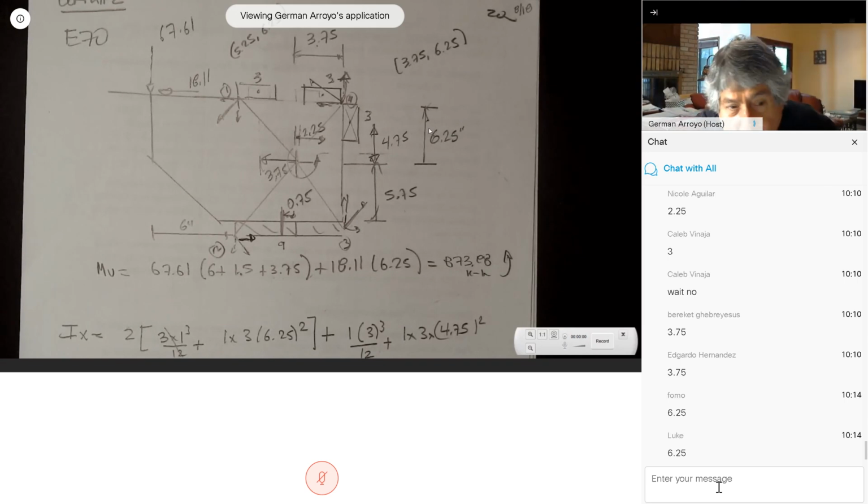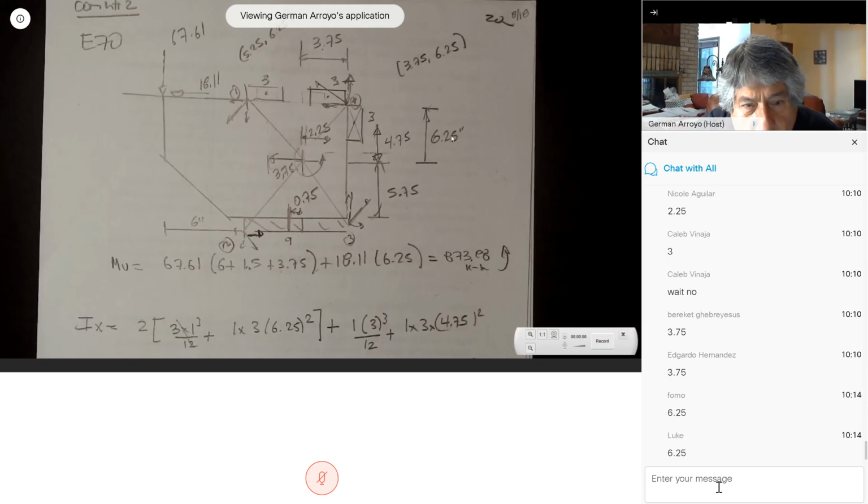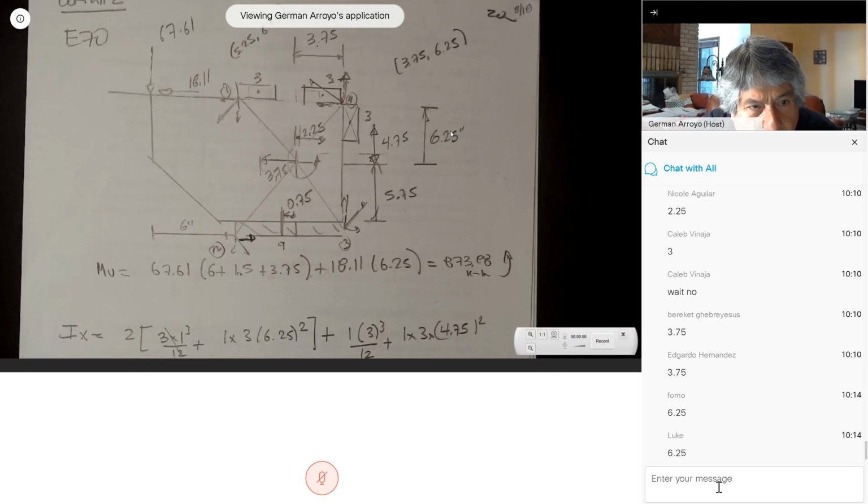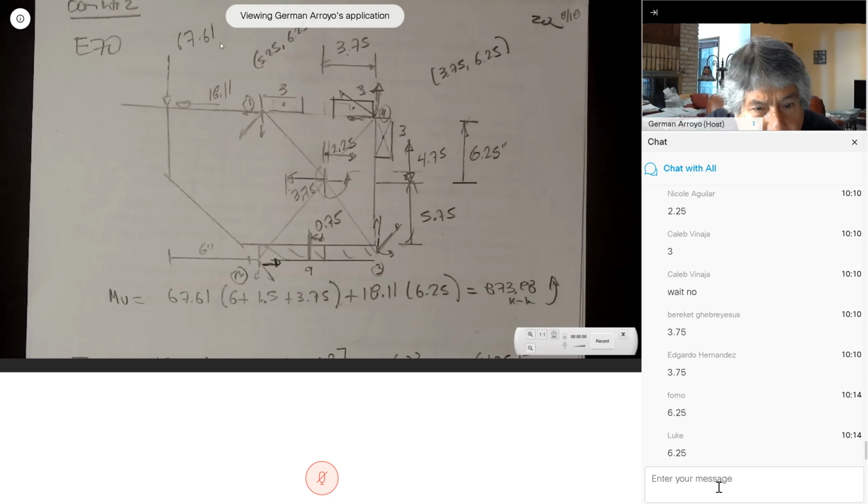I'm going to find the moment first. The moment, we had two forces, 67.61 and 18.11. I need the distance for 67.61, the distance from this line all the way to here.